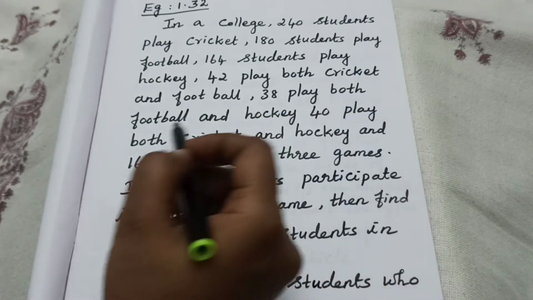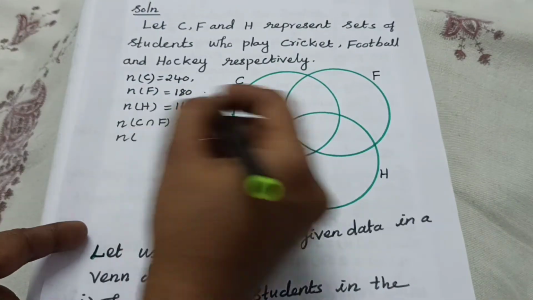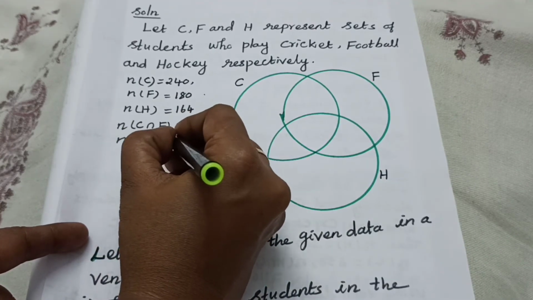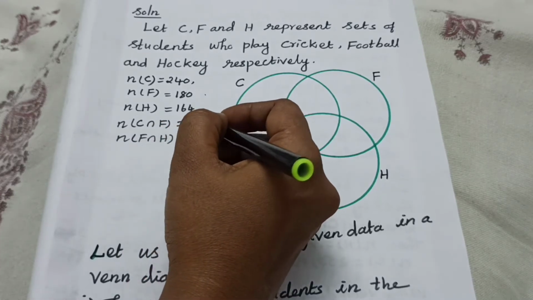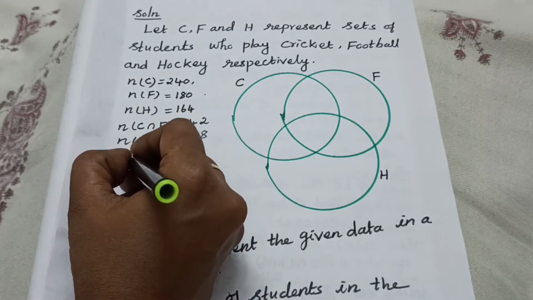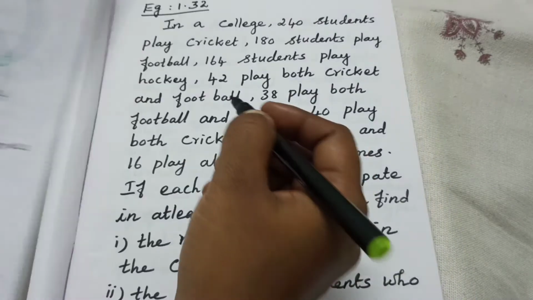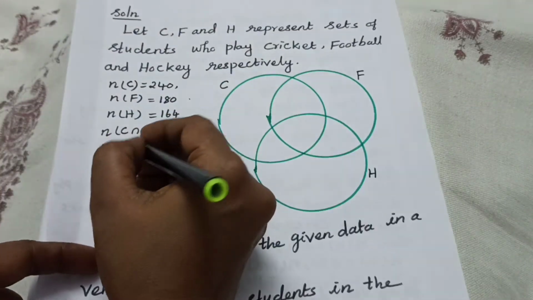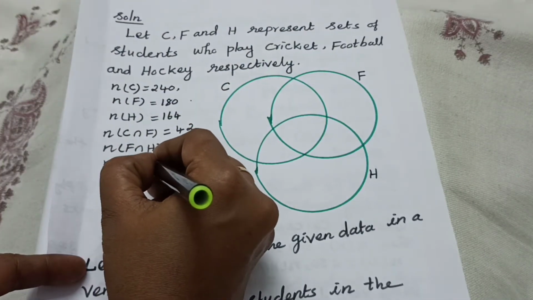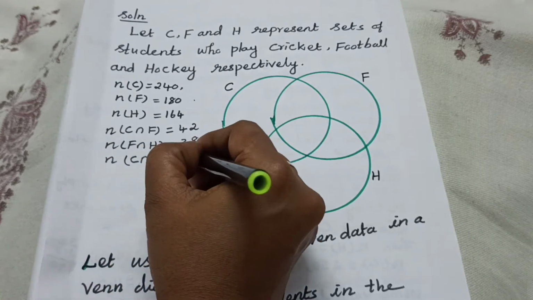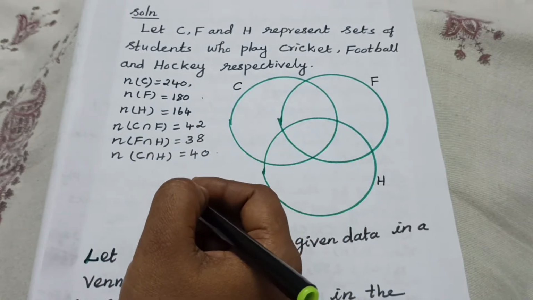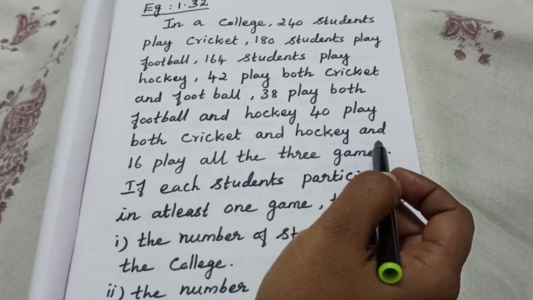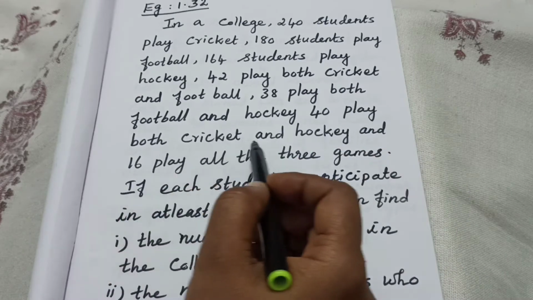Then 38 play both football and hockey, so n of F intersection H is 38. 40 play both cricket and hockey, so n of C intersection H is 40.